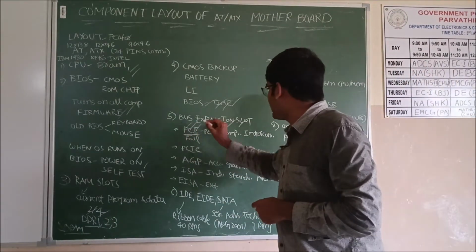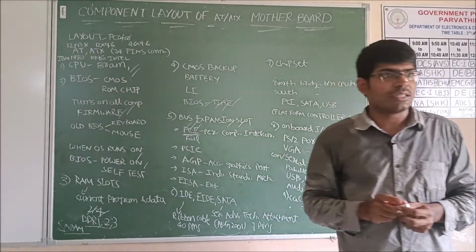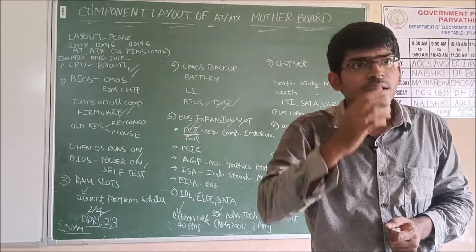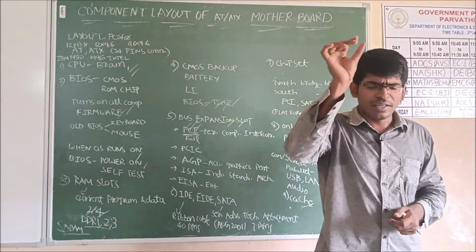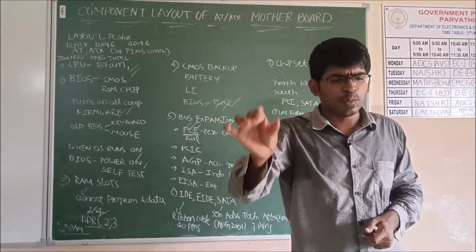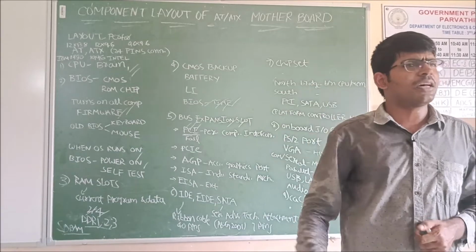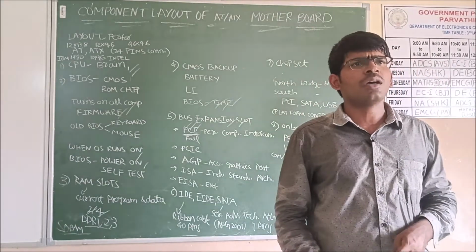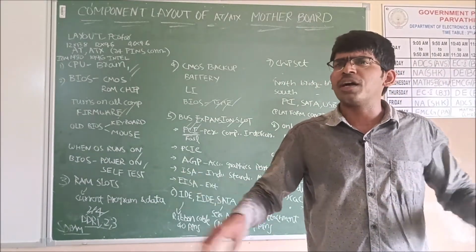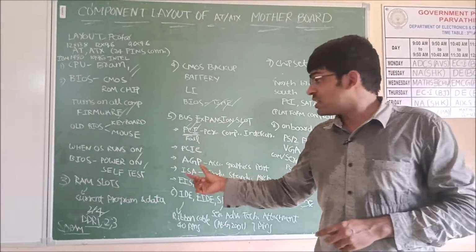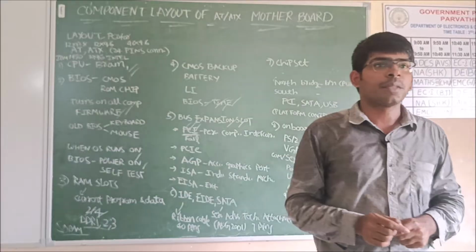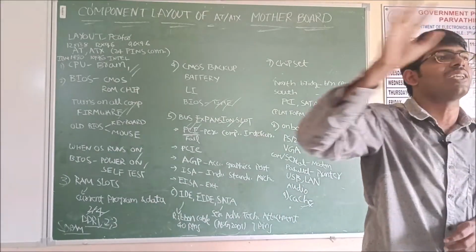Peripheral component interconnection. When will we use it? If any port, either our mouse port, keyboard port, printer port or LAN port, fails because of any reason, then we can give the extension by using this PCI. We can connect the extension slot to it.